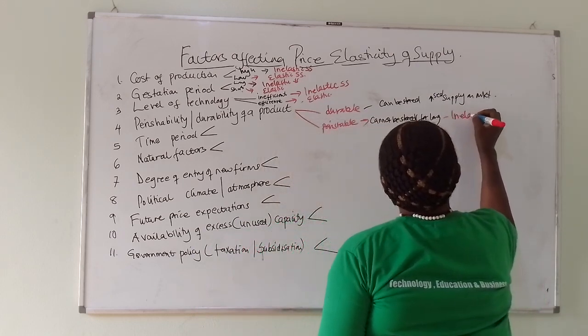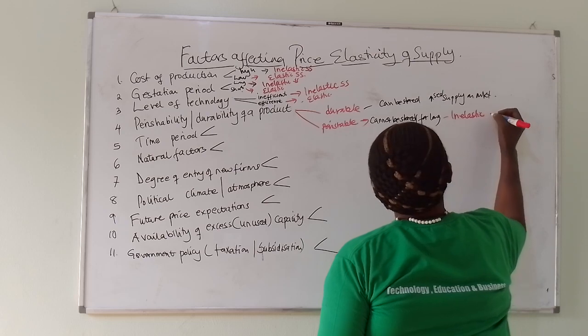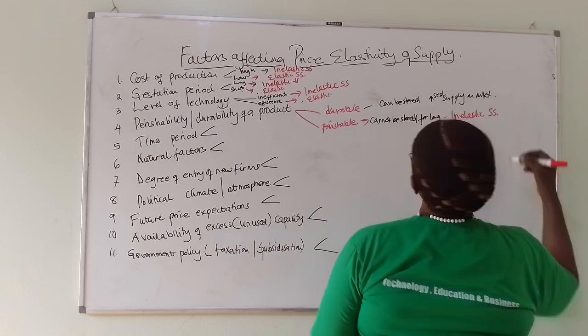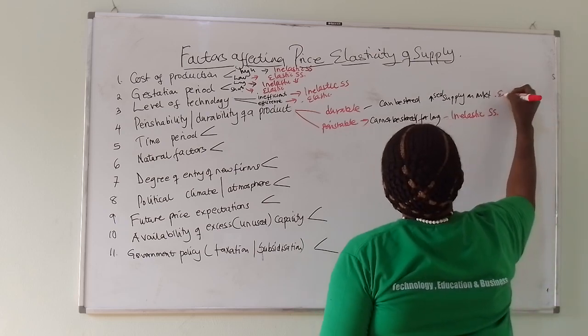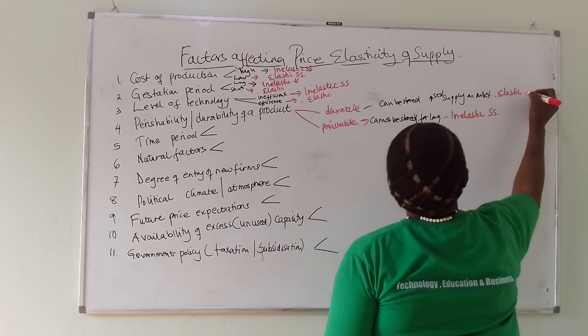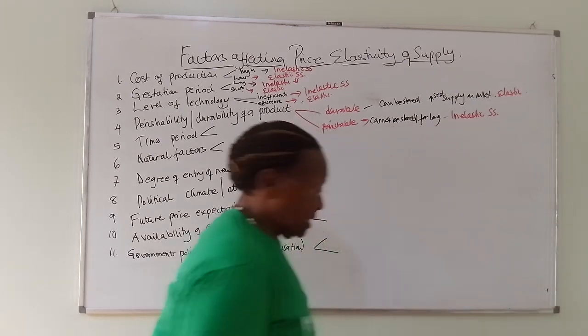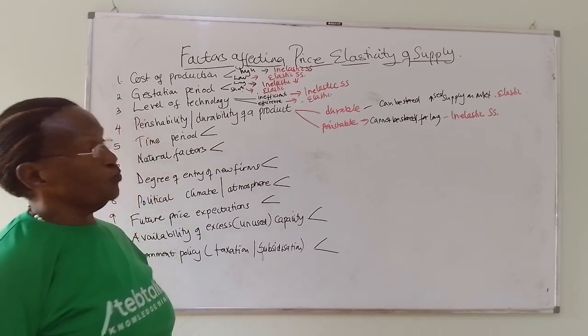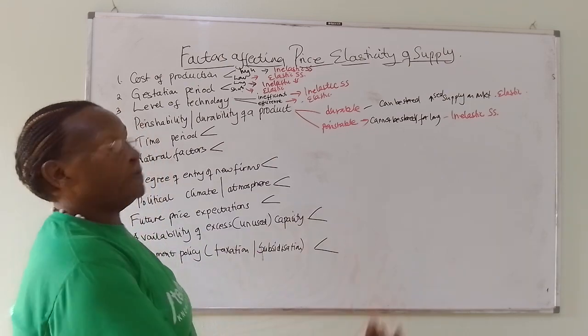So usually, commodities which are perishable, their supply is inelastic, yet those which are durable, their supply is elastic, meaning that if the price has increased, it is very easy for you to increase their availability on the market.